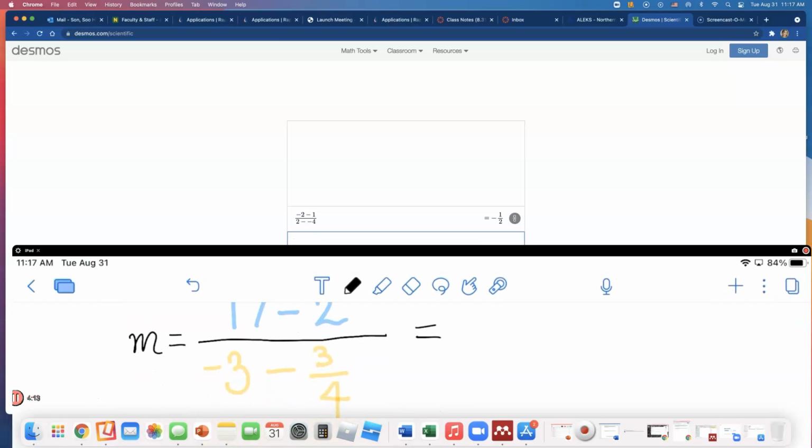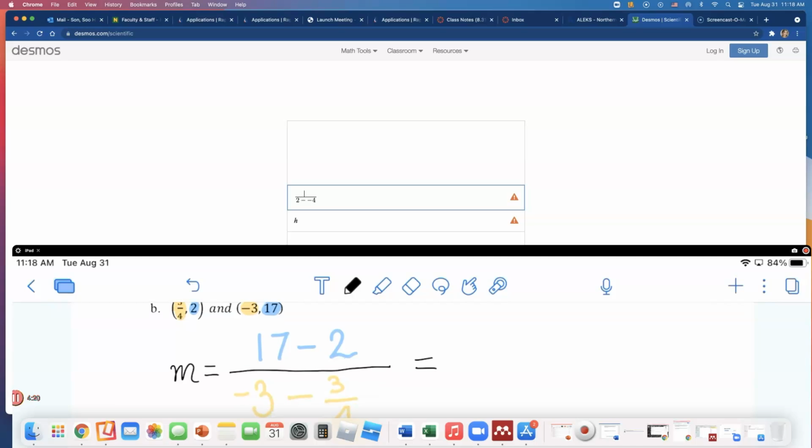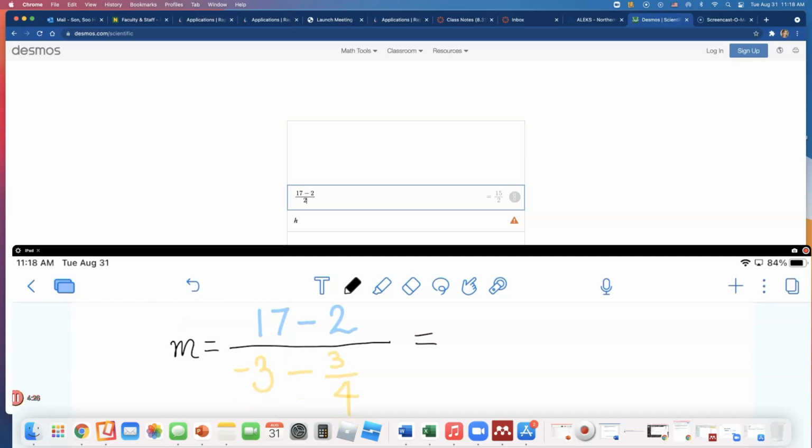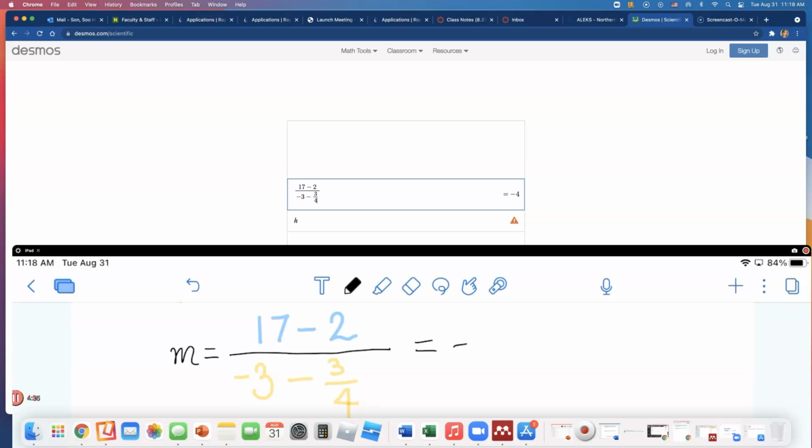I'll go ahead and use this fraction bar. So what I'm typing is 17 minus 2. The numerator is simply 15. I just didn't want to deal with that denominator. The denominator is -3 minus 3 over 4. That comes out to be -4. So the slope is -4.